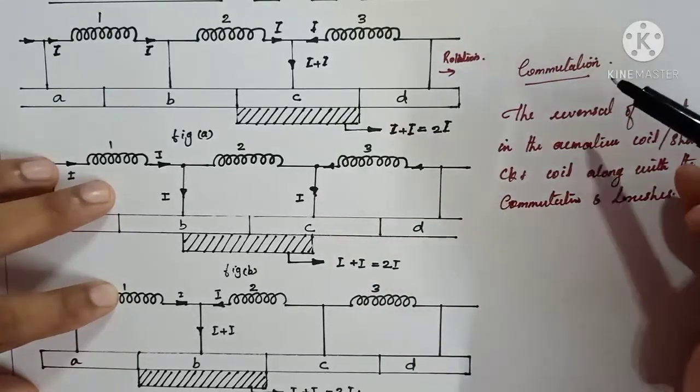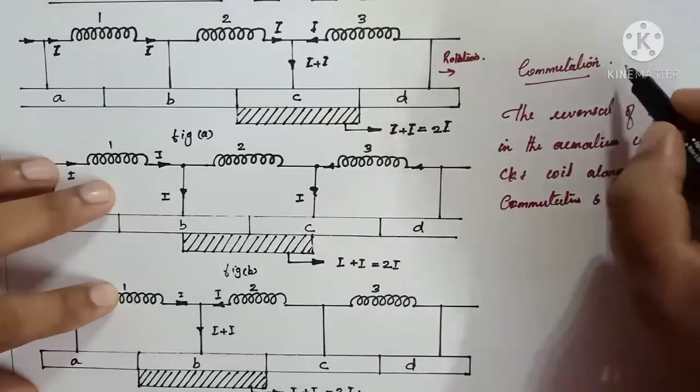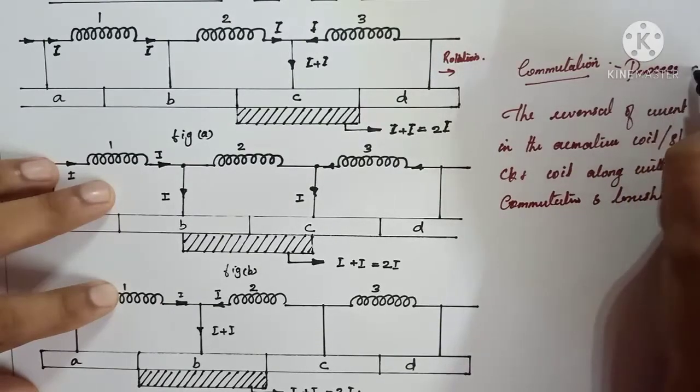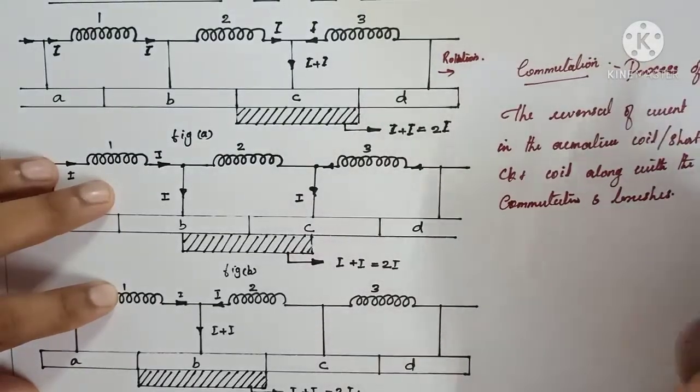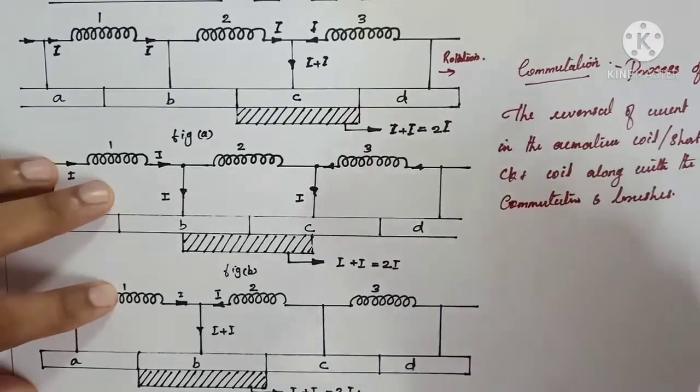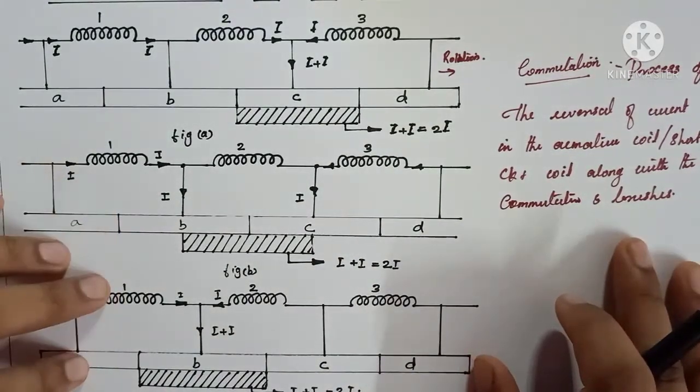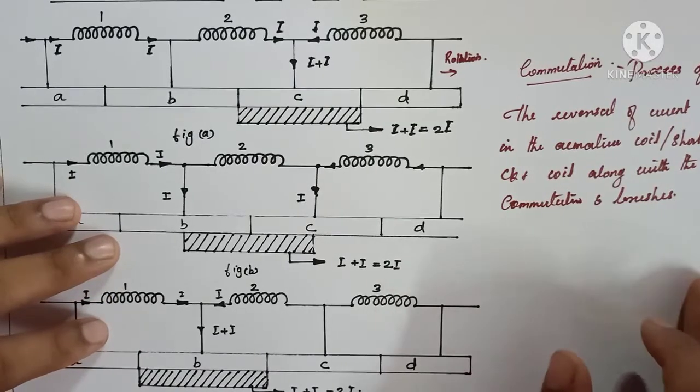So commutation is a process of reversal of current in the armature or short circuit coil along with the commutator bars and brushes. That is the commutation process.